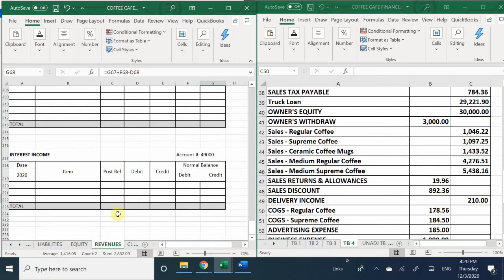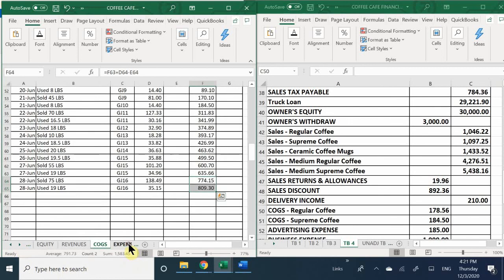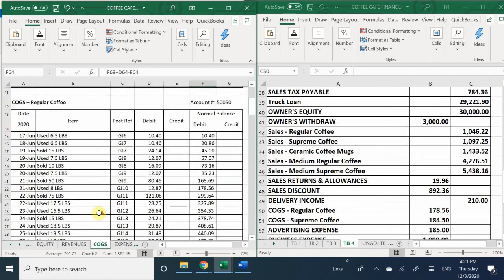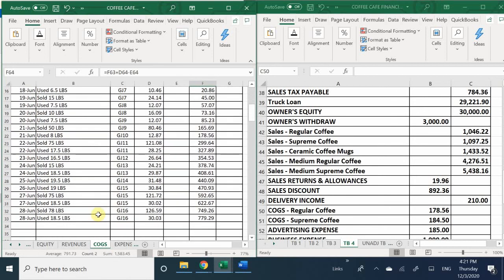We don't have anything to have. Okay, so now we're going to do our cost of goods sold. All right, what is our COGS for the regular coffee? $779.29.